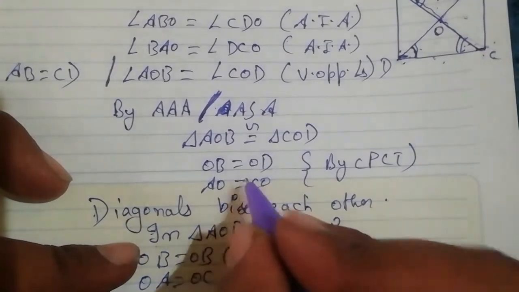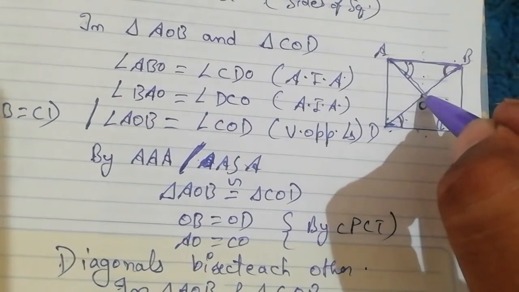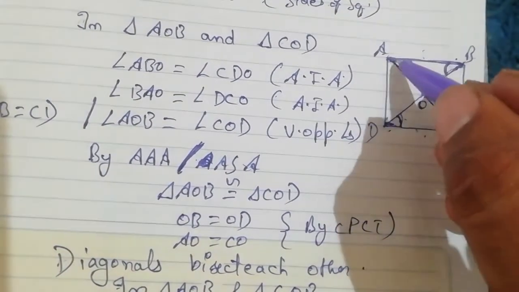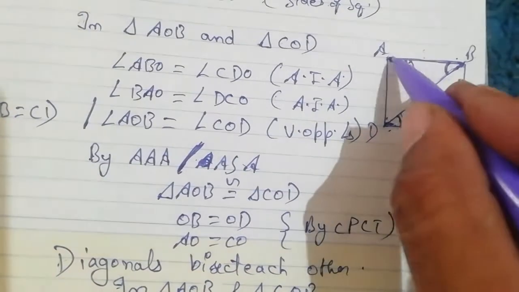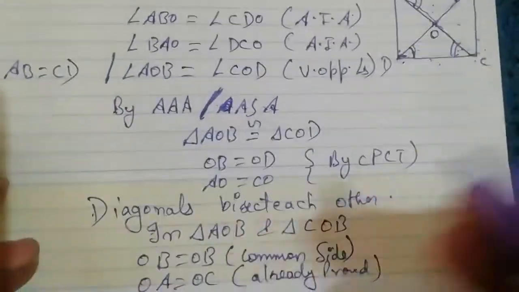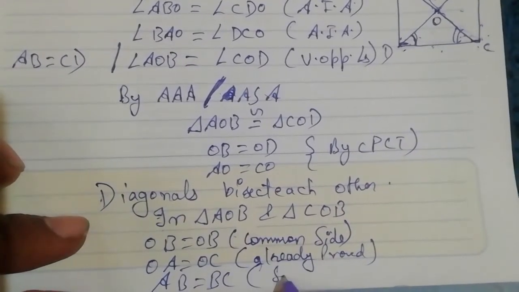Now this side is equal to this side, and this is the common side, and AO is equal to OC. Also AB is equal to BC. So we will write AB is equal to BC, sides of a square.